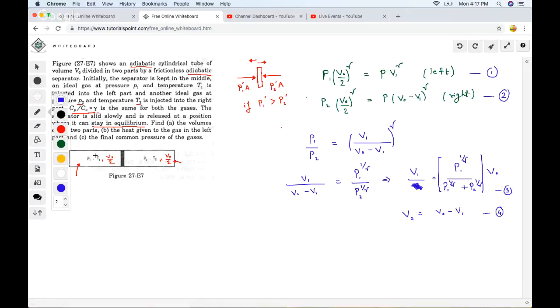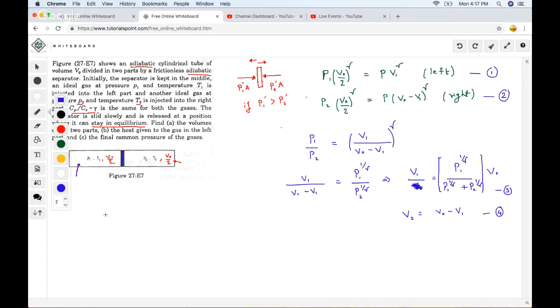It is clearly written that it cannot exchange heat with the surroundings because the cylindrical tube is adiabatic and even the separator is adiabatic. So it cannot exchange heat from anywhere. There is no question of giving heat to the left portion of the gas, so the heat exchange will be 0.